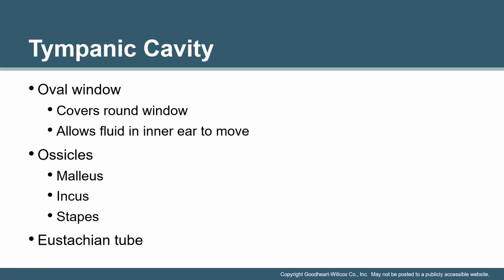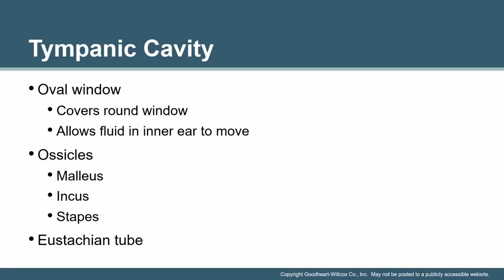The tympanic cavity, that is another name for the middle ear, by the way, houses the ossicles that I mentioned. The malleus, which is the hammer, the incus or the anvil, and the stapes or the stirrup. And if you look at their shapes, that is why they're named that.